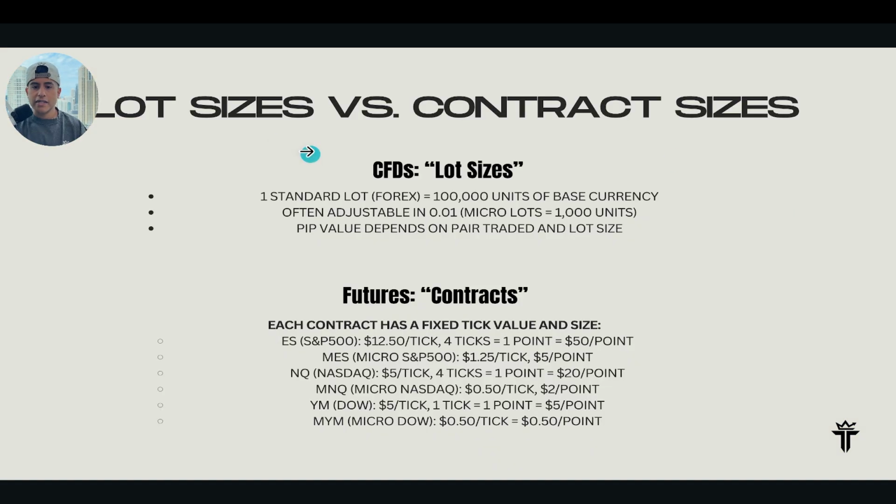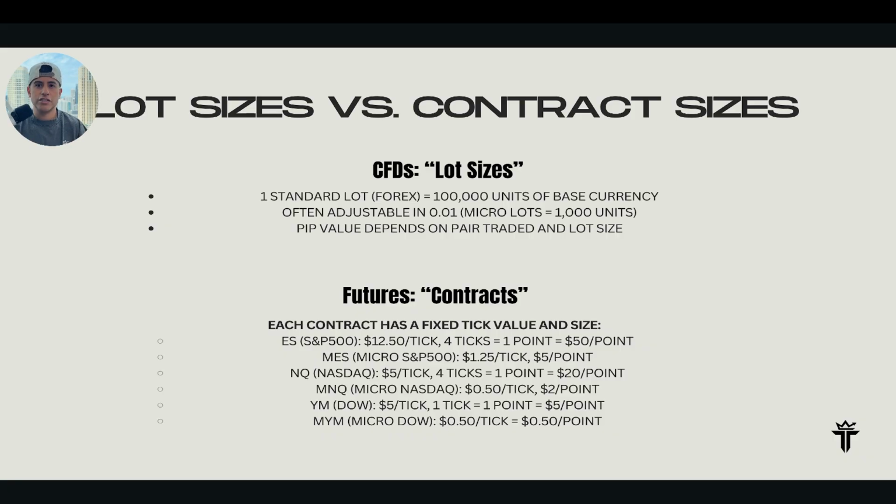So lot sizes versus contract sizes. With CFDs, if you're used to trading forex, one standard lot is 100,000 units of whatever base currency that was. And basically what that meant was, if you're using a 0.01, it's 1,000 units of a lot. But to make it even way easier, a 0.01 lot size was the equivalent of 10 cents per pip with like EUR/USD, GBP/USD.